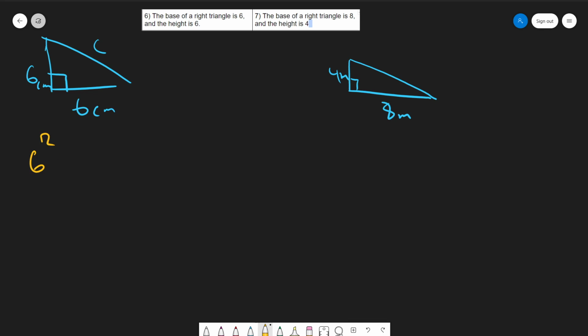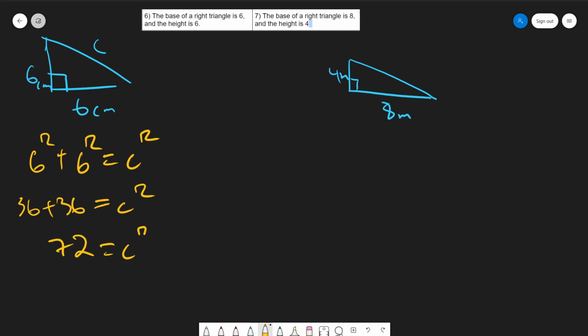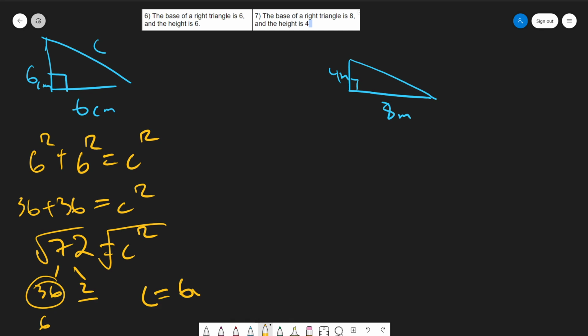So we're going to do our 6 squared plus 6 squared equals C squared here. We're not going to put 12, we're definitely going to put 36's, and hopefully you will start seeing some things you've seen before, like taking the square root of 72. And then I'm going to do my little shortcut here and say, oh, I know this is a 6, but this is still left over, so my C is equal to 6 root 2.